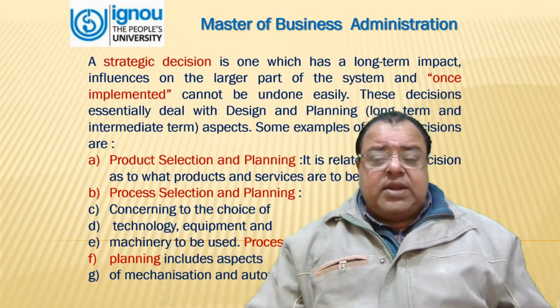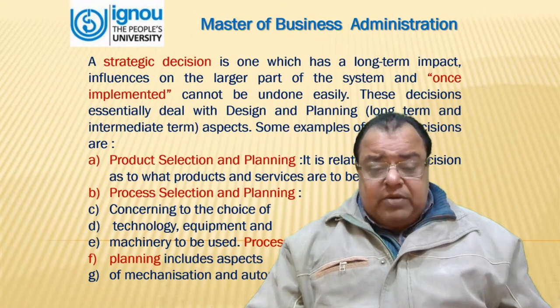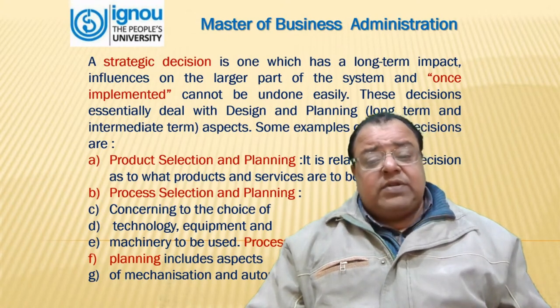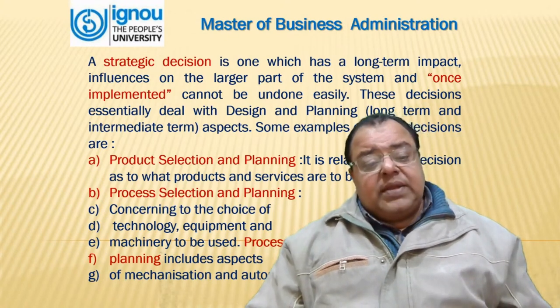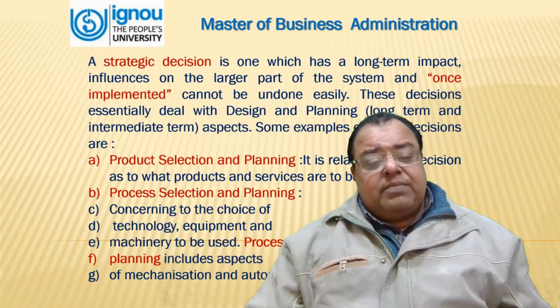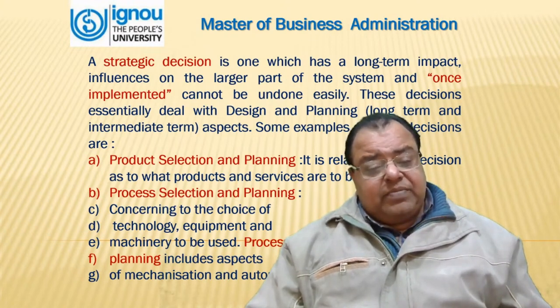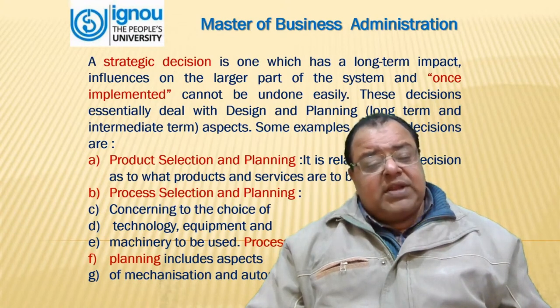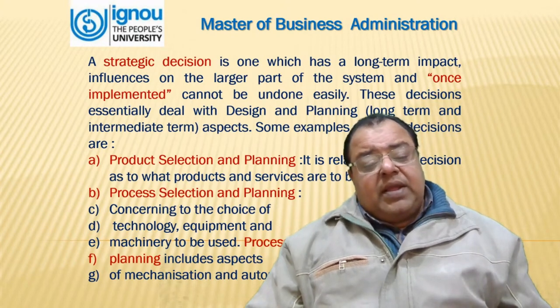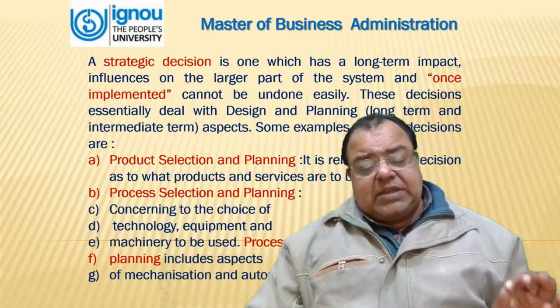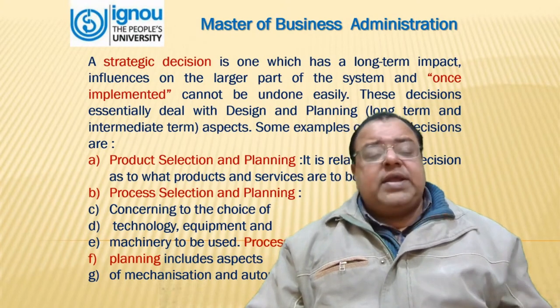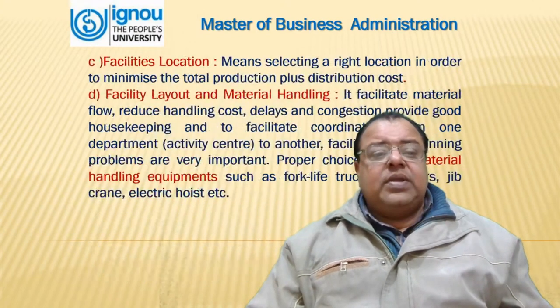It is related to the decision as to what to produce, what products and services are to be offered. Second one is process selection and planning, concerning the choice of technology, equipment and machinery to be used. Process planning includes aspects of mechanization and automation.